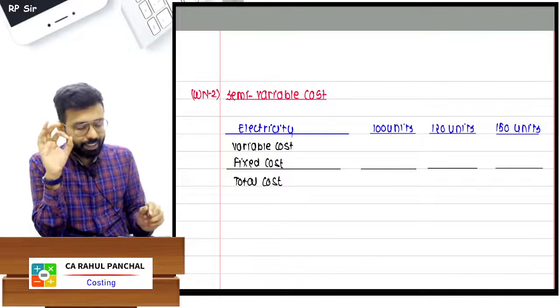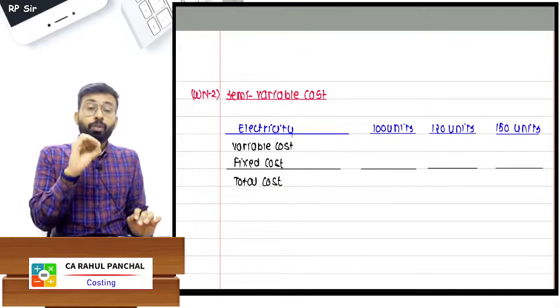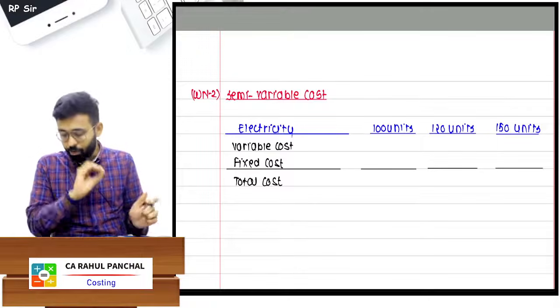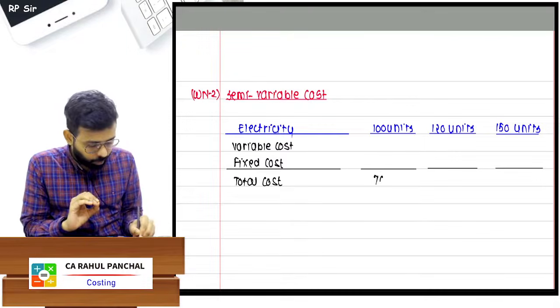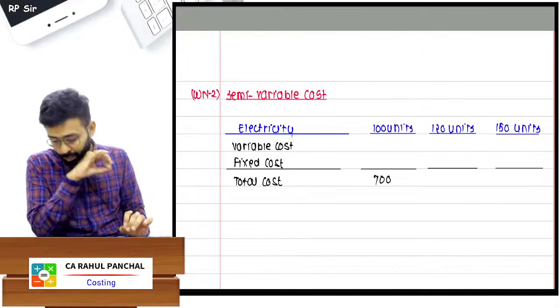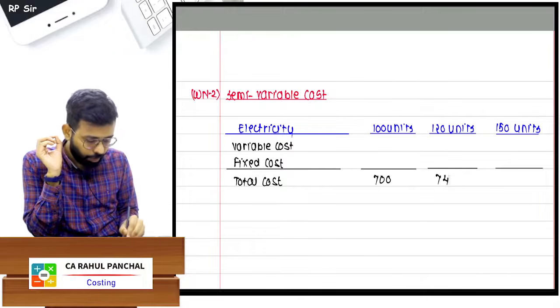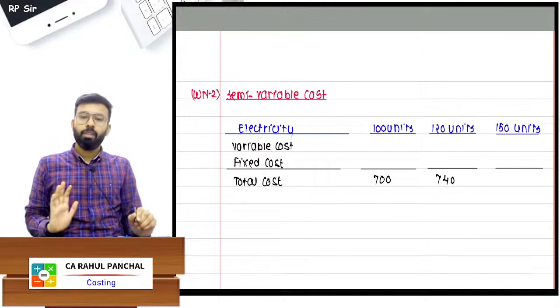Now, what is given in the question? When you produce 100 units, you will have to pay 700 in total. I don't know the bifurcation, but I know in totality I will have to pay 700 rupees. When I produce 120 units, I will have to pay 740 rupees. That is something which I know.